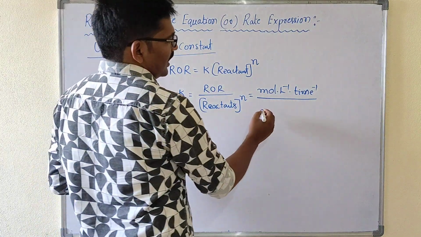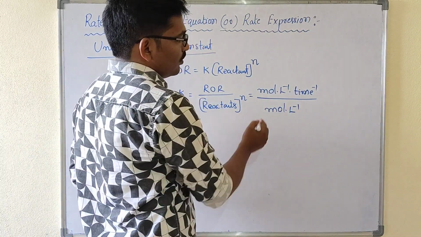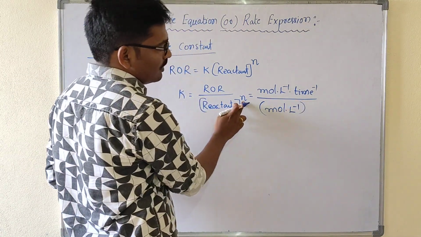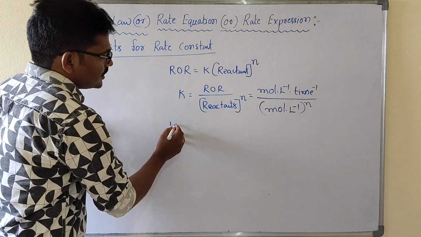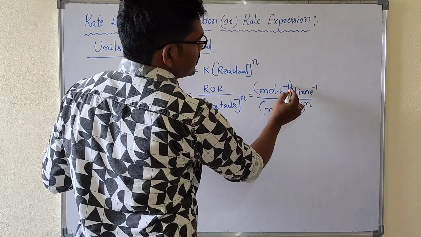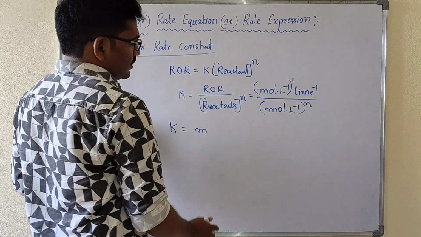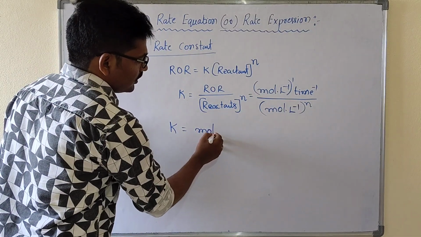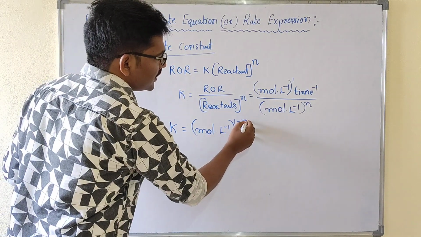So molarity units are mole liter inverse, whole to the power what will be there? n. Right? So overall, K equals mole liter inverse to the power 1, mole liter inverse to the power n. So we can take it as mole liter inverse whole to the power 1 minus n.